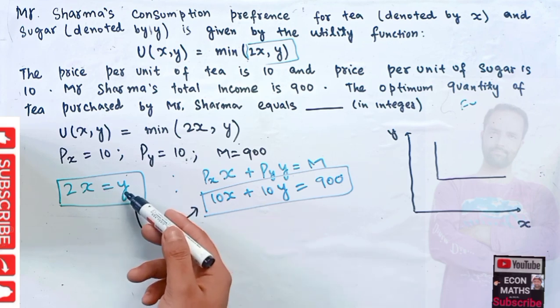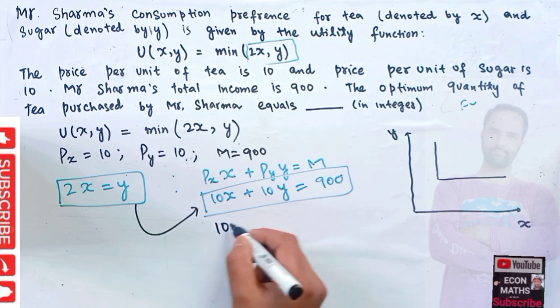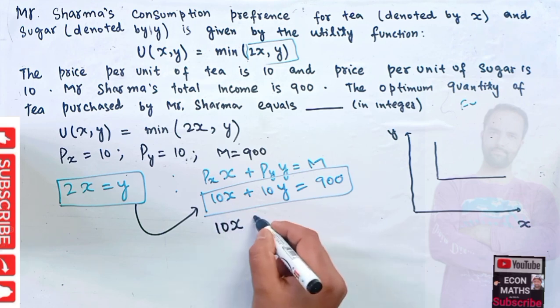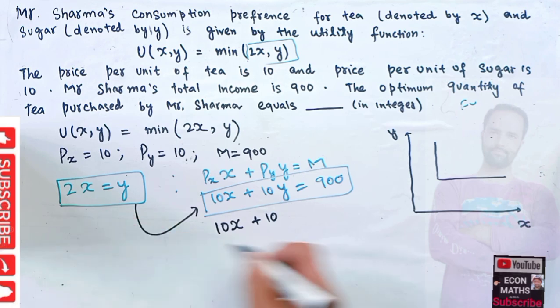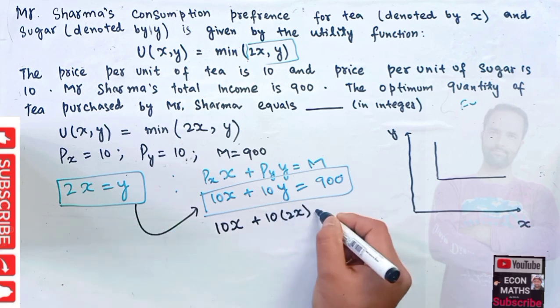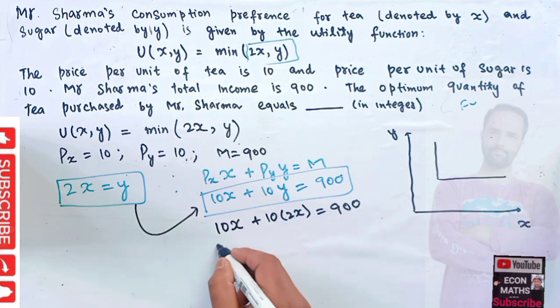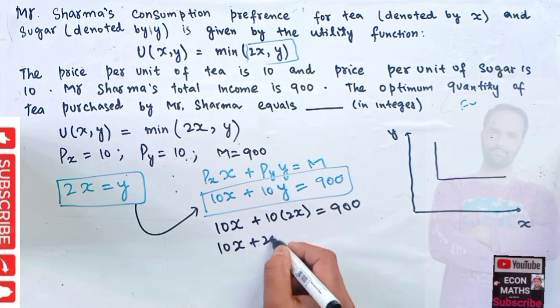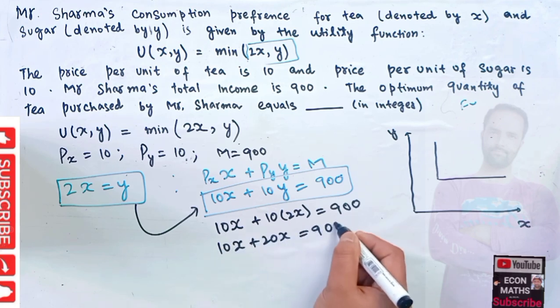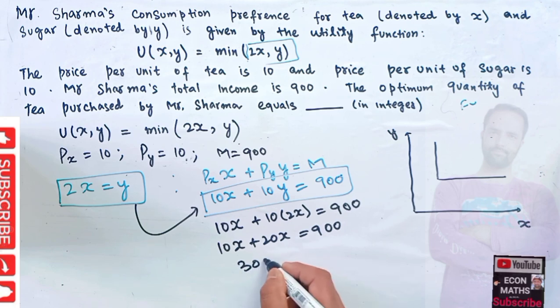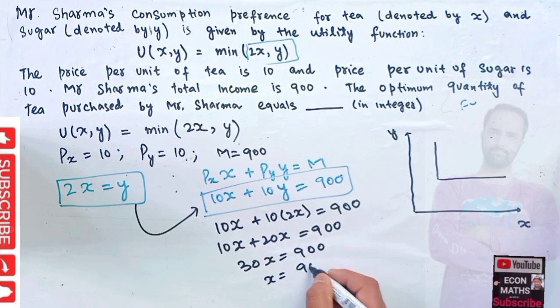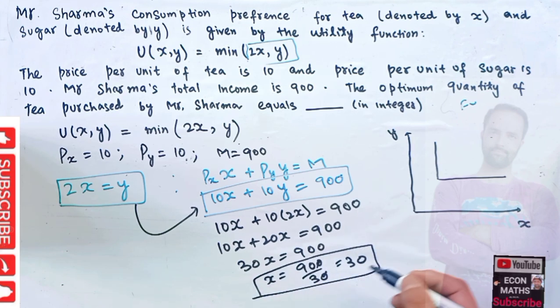So let us say y is equal to 2x, then our budget will be 10x plus 10 times 2x is equal to 900, which means 10x plus 20x is equal to 900, which means 30x is equal to 900, which means x is equal to 900 upon 30, which comes out to be 30. That means the optimal quantity of tea that he will be purchasing will be equal to 30.